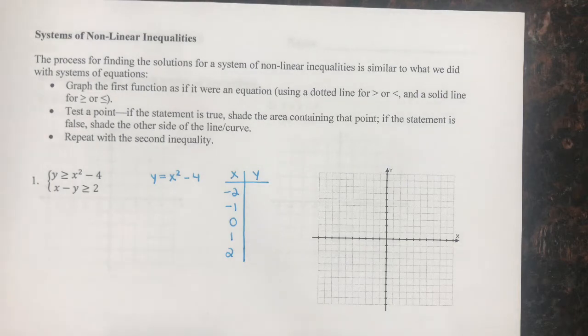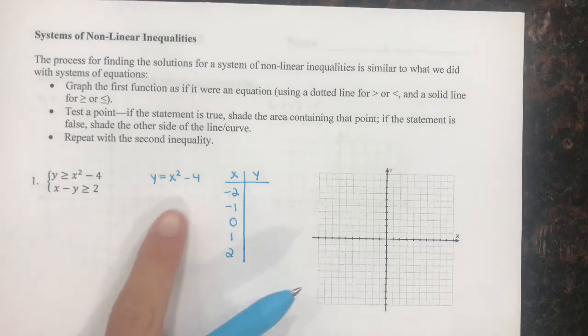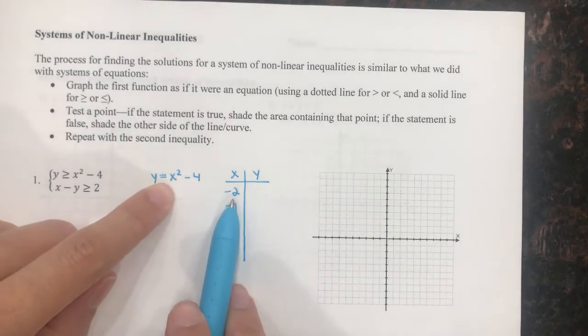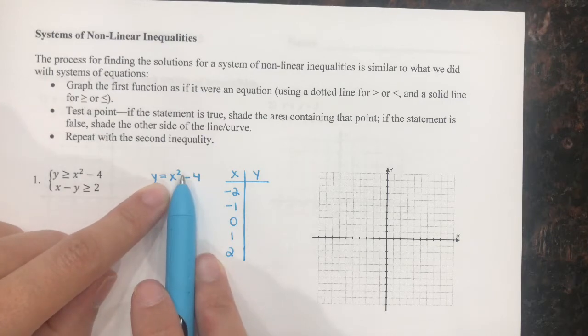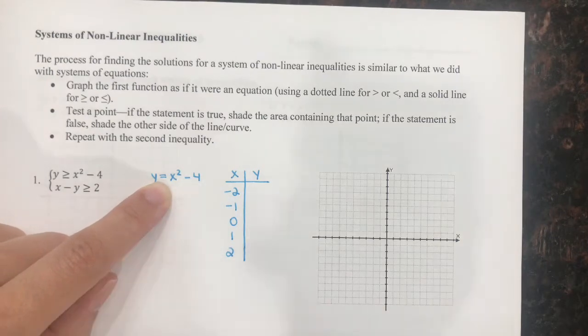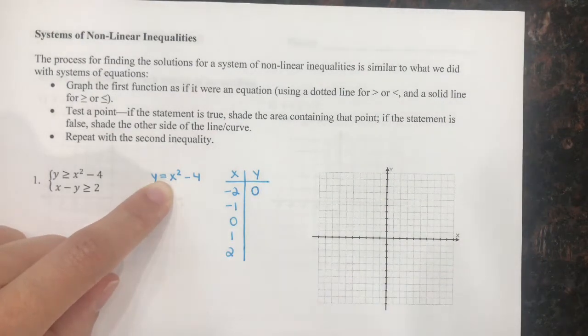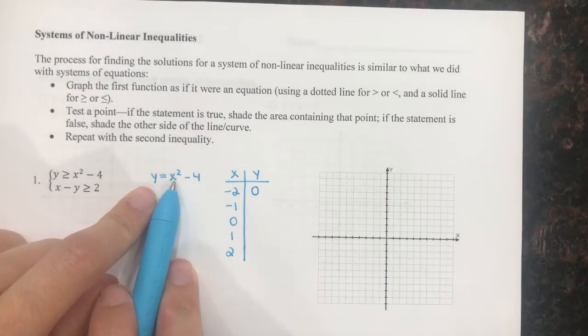I will probably give you pretty simple quadratics to graph, so not a lot going on. Something like this would be perfect. So if I plug in negative 2, squared gives me 4, minus 4 gives me 0. And I would repeat the process. Use a calculator if you need to.